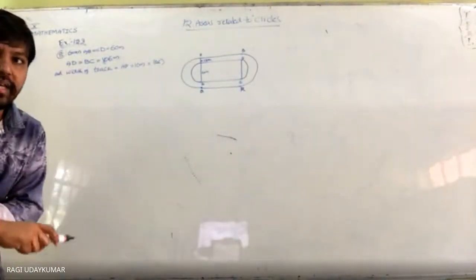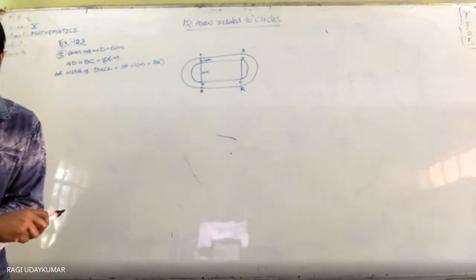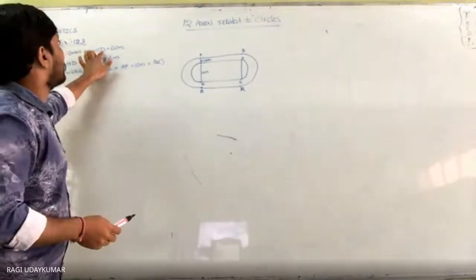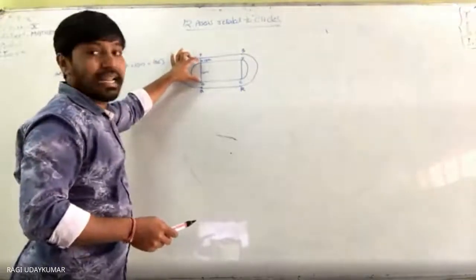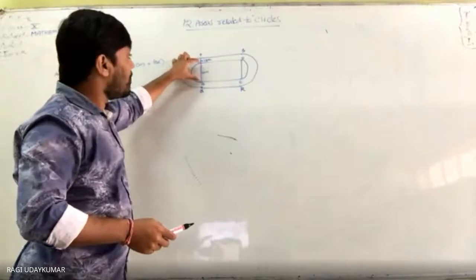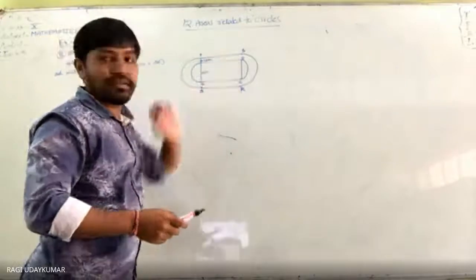Till now, did you understand? Sir, AD equals BC equals what did you write in the second line? AB is equal to CD is equal to 60 meters. See, the distance between the two parallel lines is this one and this one.